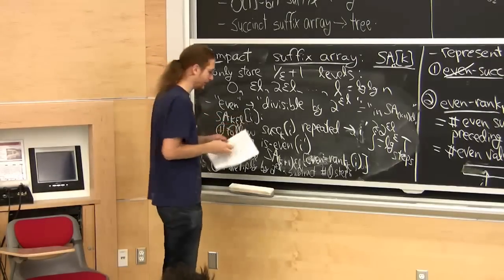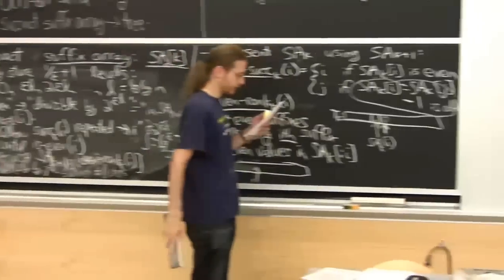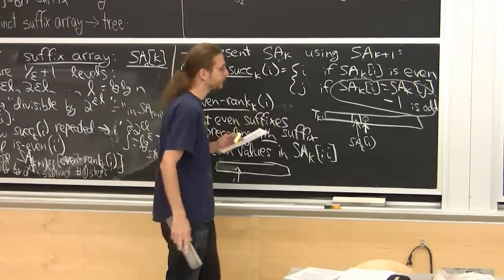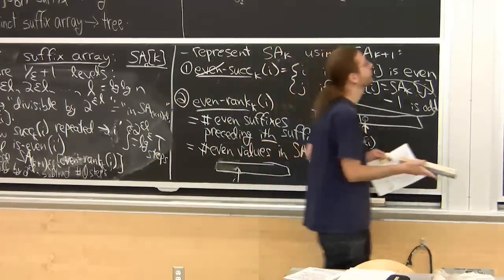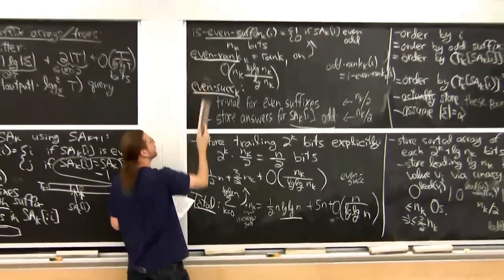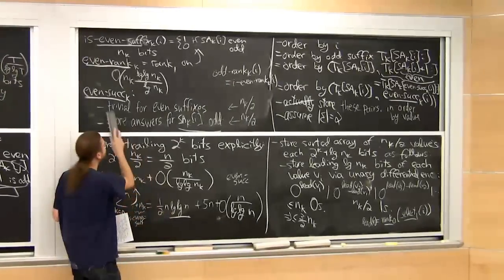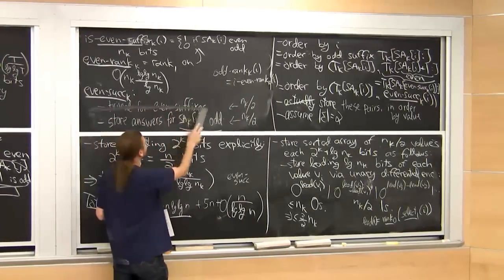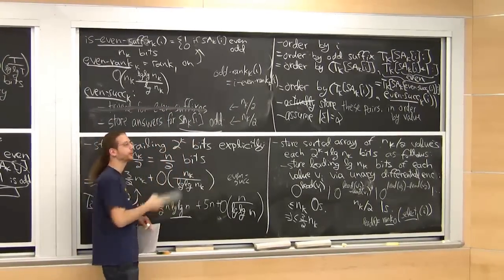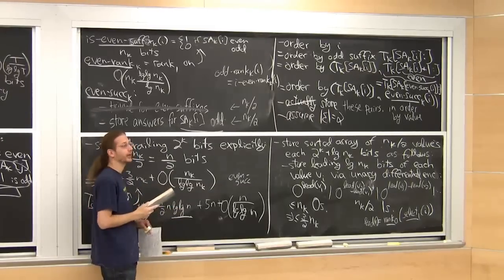Okay, so let me analyze a little bit. So I mean, you have to check that all of this works. Is even suffix, that's easy, it's still nk bits. Even rank, still nk bits. Even successor, we did all this fancy encoding. The one thing you can't do is this part. I mean, there aren't very many even suffixes anymore, so it really doesn't help you. It buys you a very tiny factor.